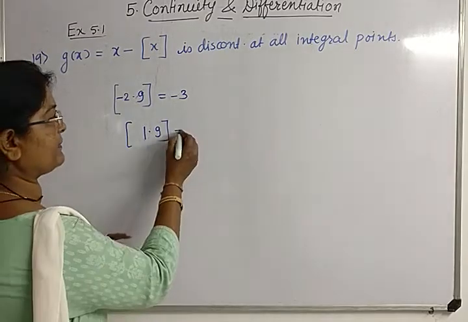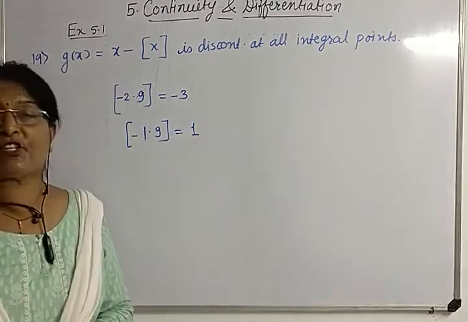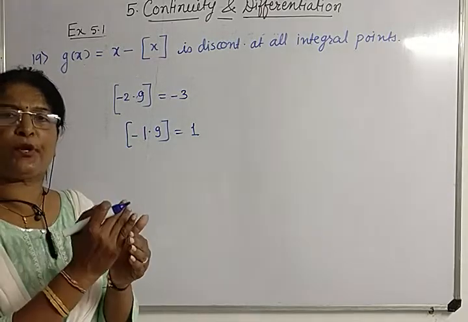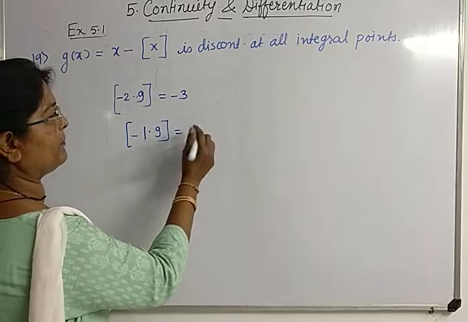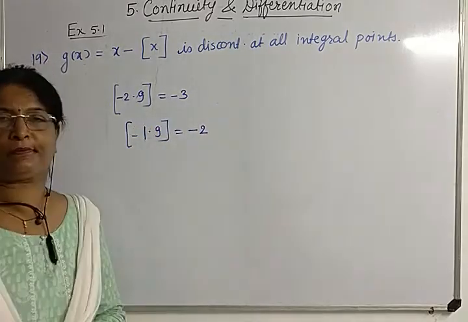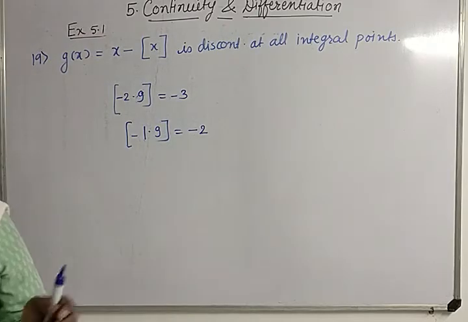So obviously it is 1. But if I ask minus 1.9, minus 1.9 से छोटा इंटीजर क्या है? Answer will be -2. Got it? Now I will be explaining this.